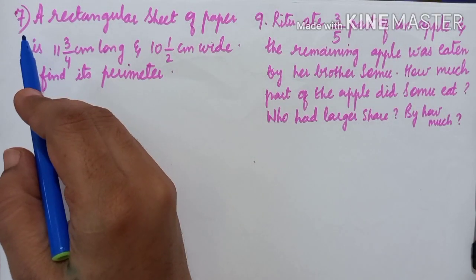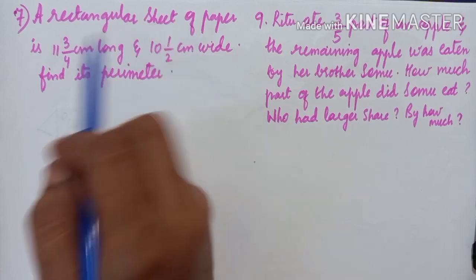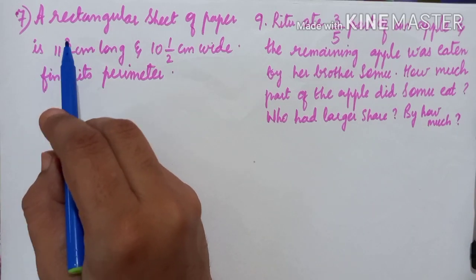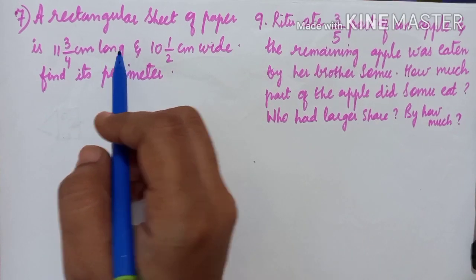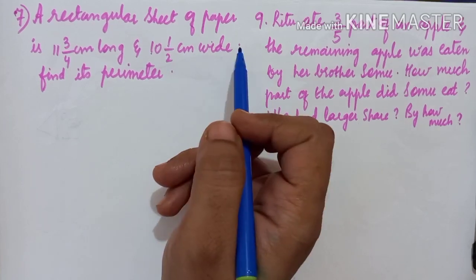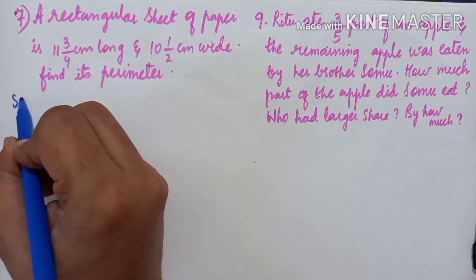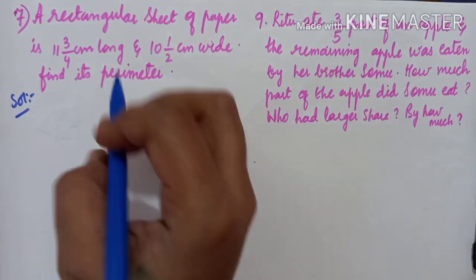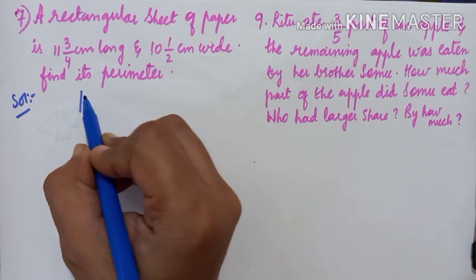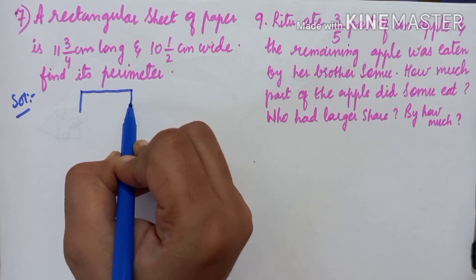So now the seventh question is, a rectangular sheet of paper is 11 3 by 4 centimeter long and 10 1 by 2 centimeter wide. So you need to find its perimeter. Here it is given rectangular sheet of paper, just suppose this is your rectangular sheet of paper.